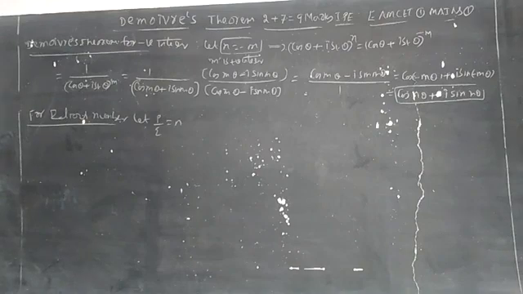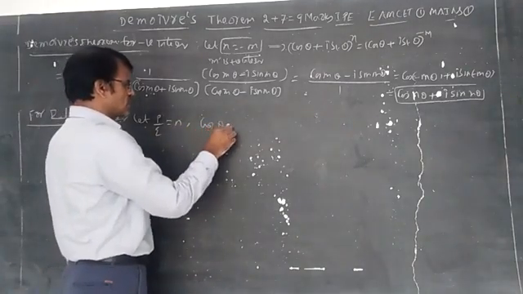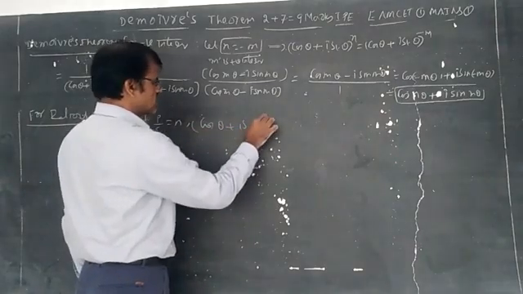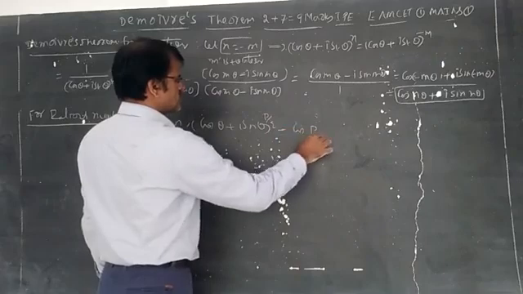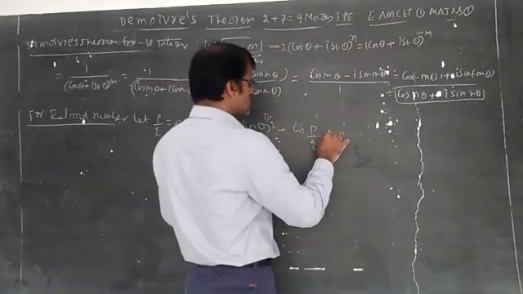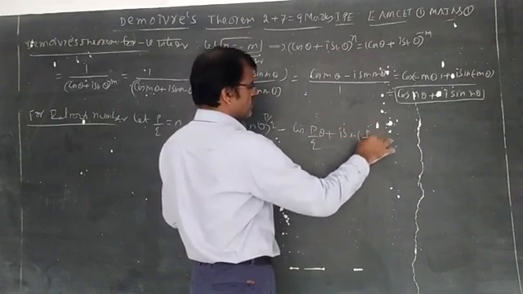So simply n is equal to p by q, the qth root. Directly now I am writing (cos theta plus i sin theta) whole power p by q is equal to cos (p by q) theta plus i sin (p by q) theta.